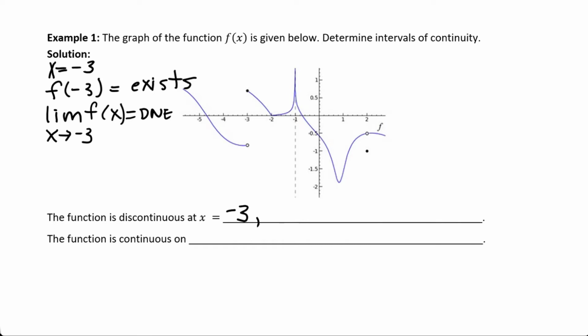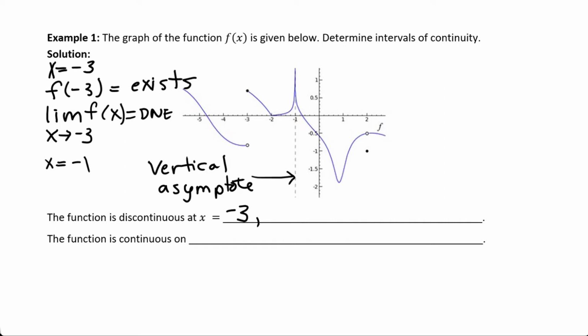Now, the next x value of interest will be at x equals -1. Let's observe that it's standard and customary to use a dashed line, and if it's vertical, it typically indicates a vertical asymptote. Vertical asymptotes are where the function doesn't exist at all.